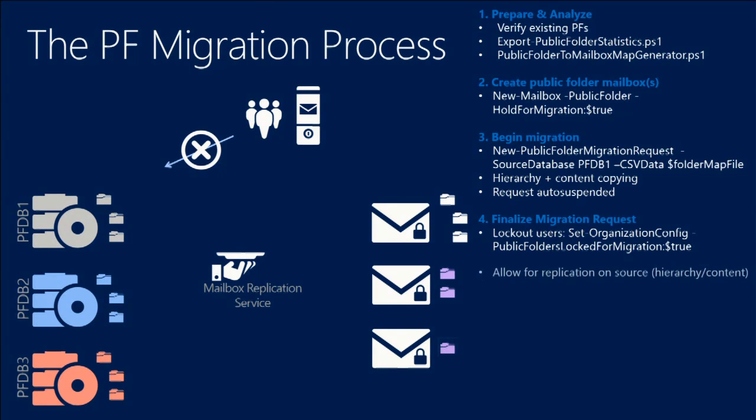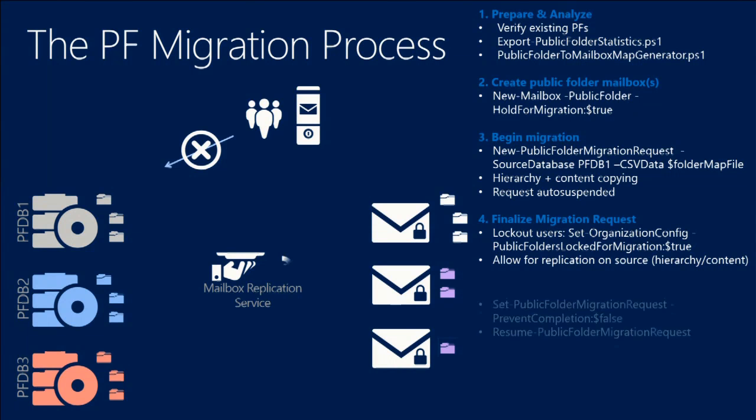You will see this in my demo in a minute. You need to allow replication to take place in larger public folder structures. If you have more than 10 public folder databases, replication must take place so all the users are logged out.